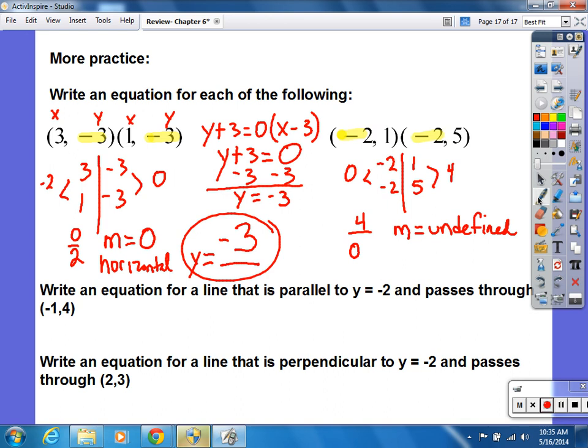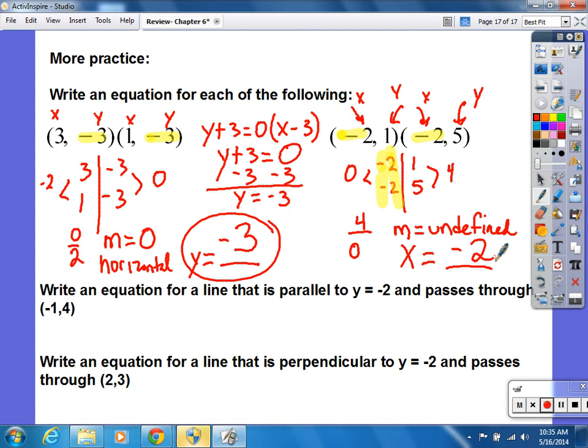I also know it's not a function because you can see domain values here that are repeating. I know a vertical line has an equation that looks like this. X equals something. And I think to myself, well, there's an x, there's a y, there's an x, and there's a y. What is x equal to? X equals negative 2.